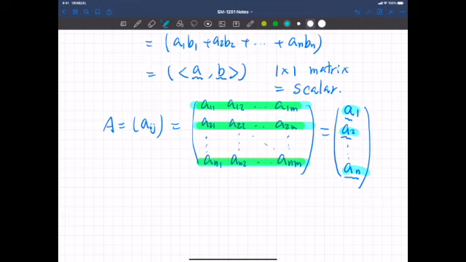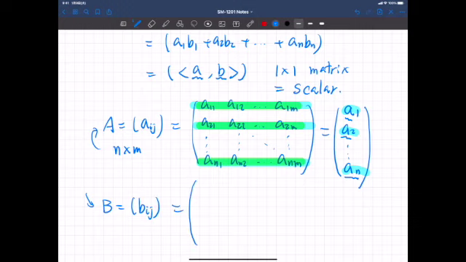Okay. And now pick another matrix. A is an n by m matrix, and consider B, which is made of Bij's, B11, B12, and so on.